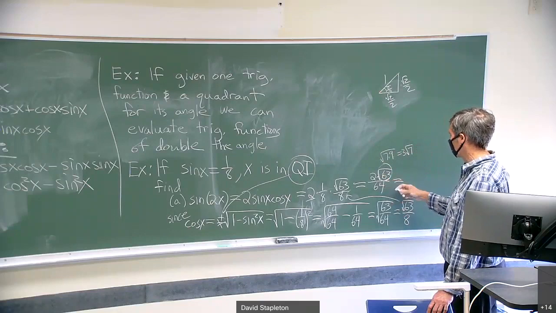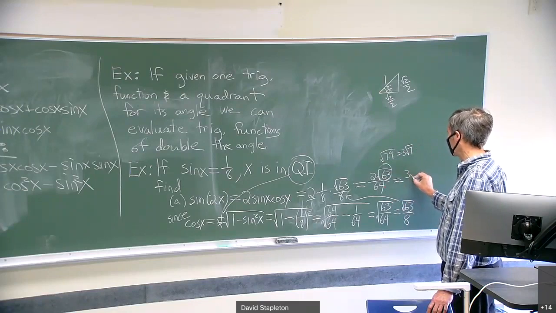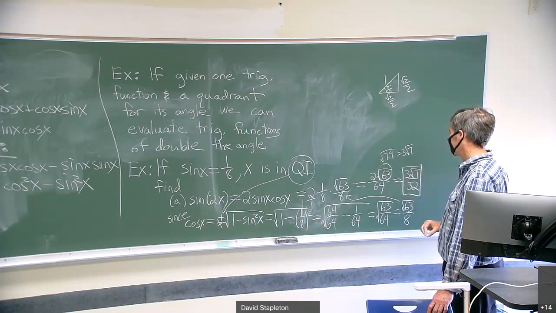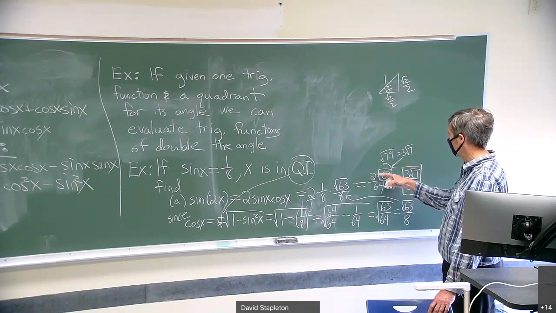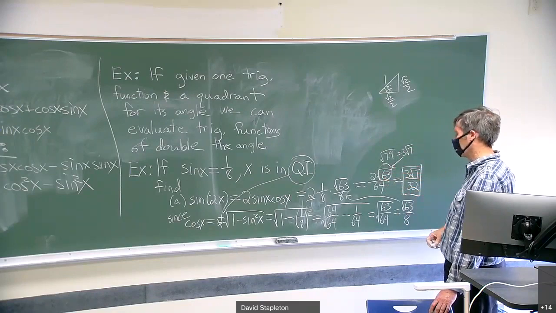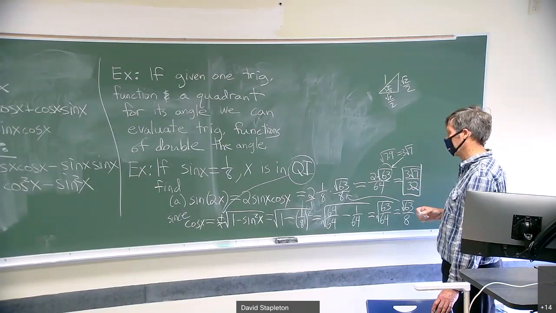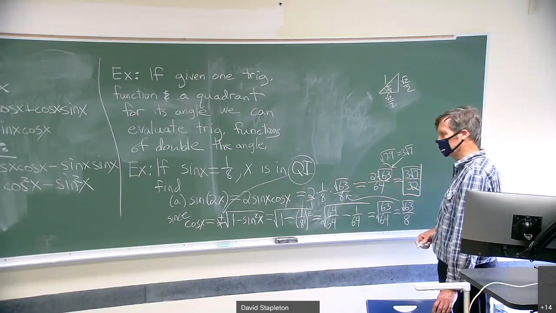Then 2 over 64 is 1 over 32, with the 2 canceling. So I can write this as 3 square root of 7 over 32. There it is. That's the answer I want to see on the test. If you leave it unsimplified, I'll take a little off for not simplifying.